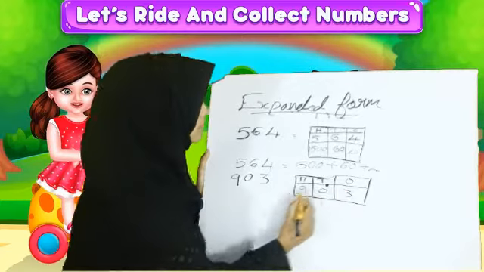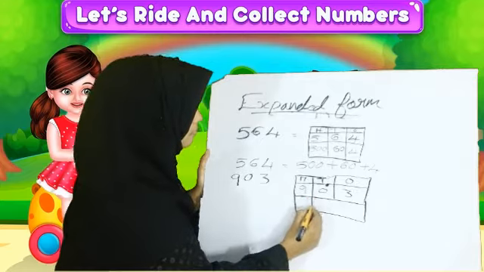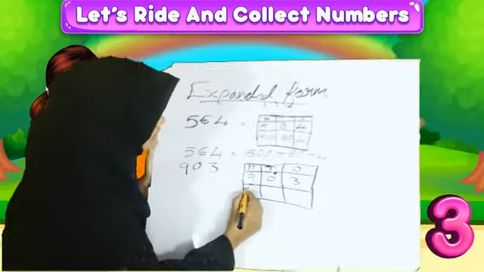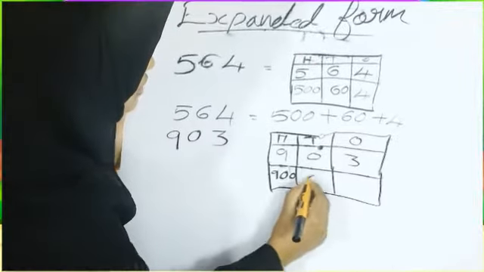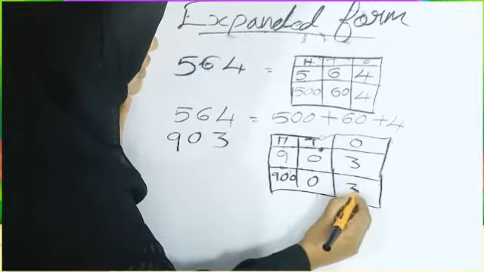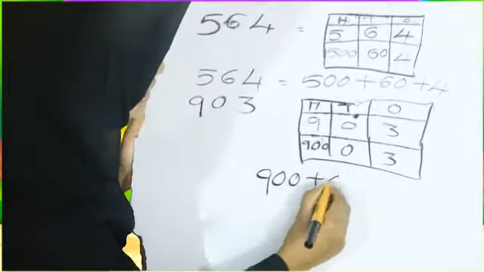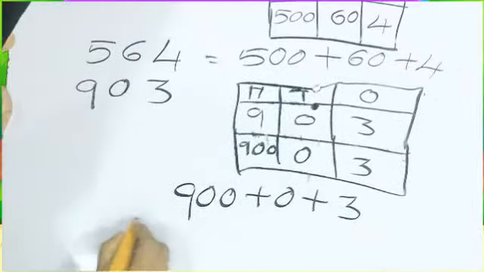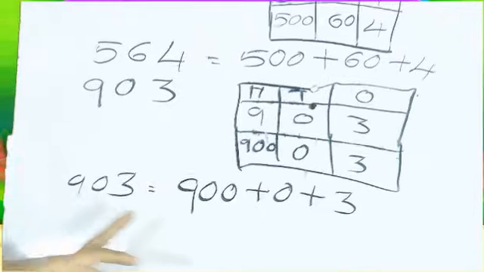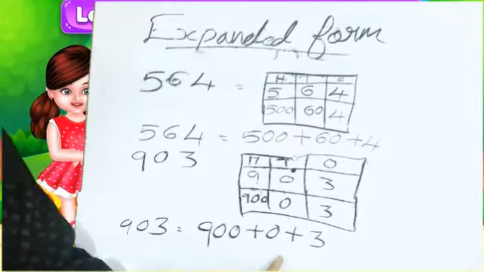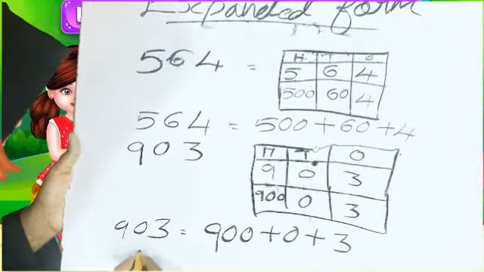Then 3 ones. 900 means 900. 0 tens means 0. 3 ones means 3. Then we write 900 plus 0 plus 3. We write 903. 900 plus 0 plus 3, 903.